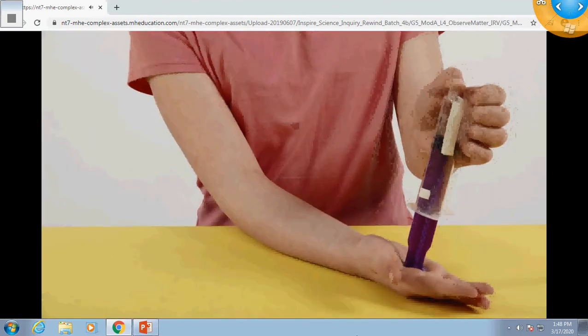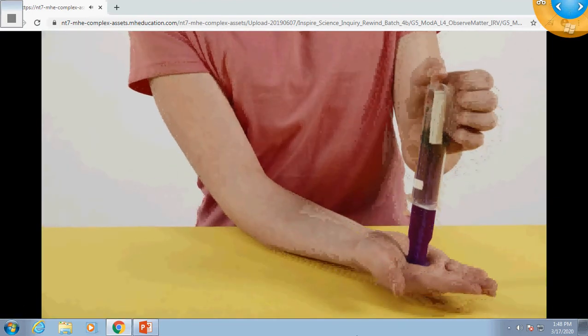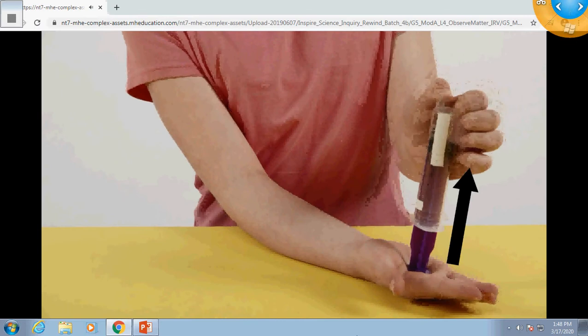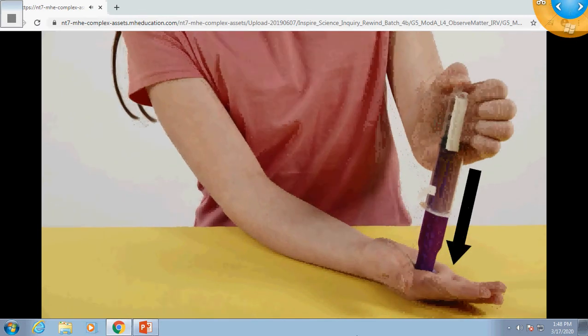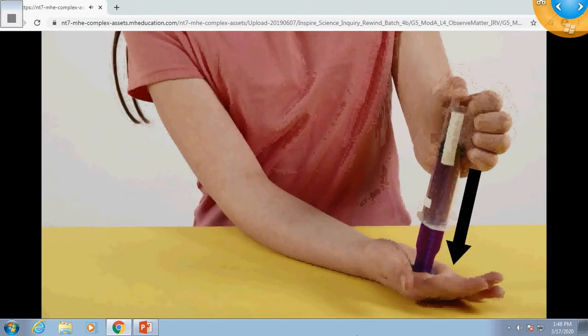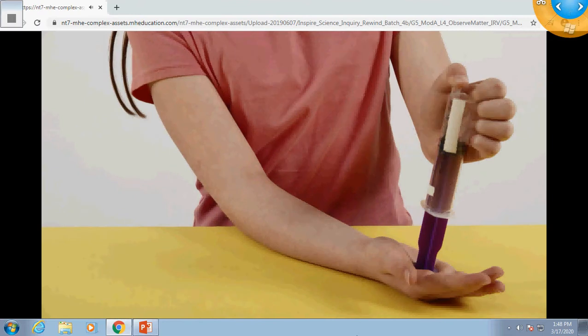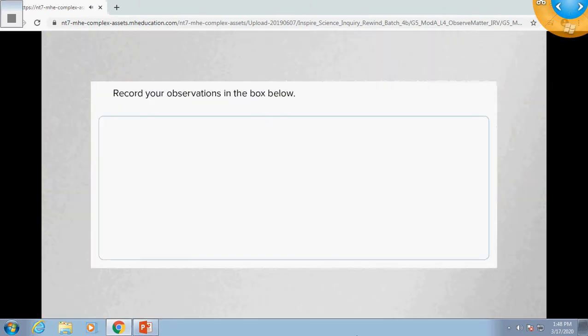Place the plunger on the palm of your other hand. You can either push the plunger up with your palm, or you can push the syringe downward toward your palm. Where is the air located? What shape did the air have? What happened as you pushed on the plunger? Record your observations in your notebook. When you finish recording your data, then select Continue.